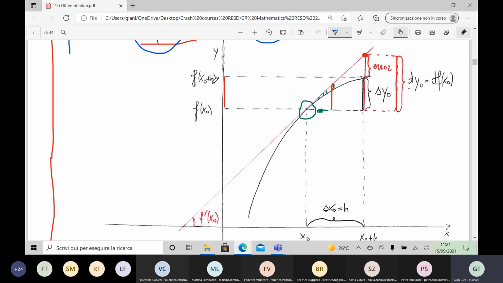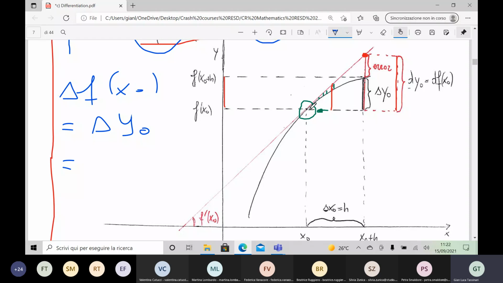So I'm asking you, if x passes from x0 to x0 plus h, which is the change in the value of the function? Well, the change in the value of the function is delta f of x0, which can be called also delta y0, and is given by what? If x passes from this value to this value, you see that the value of your function passes from f of x0 to f of x0 plus h.